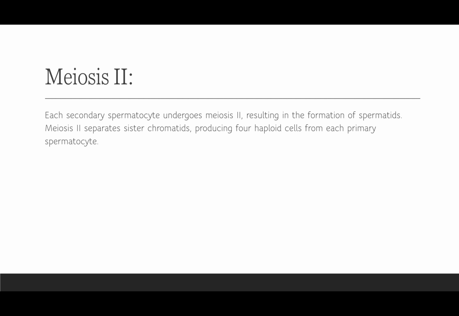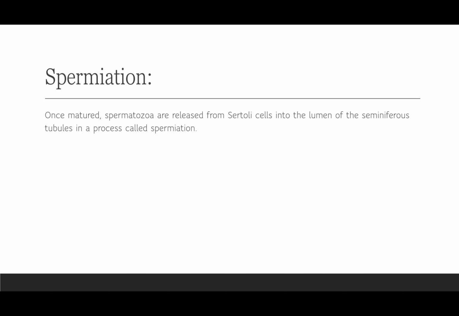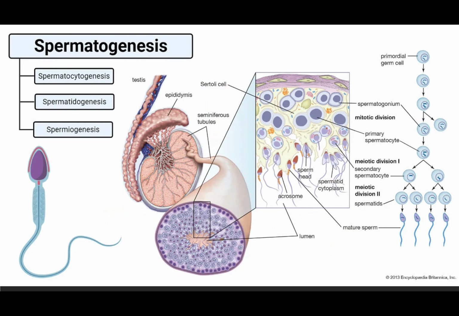Then after the secondary spermatocyte goes through meiosis two, it becomes a spermatid. And then the spermatid goes through spermiogenesis to become a spermatozoa. And then the spermatozoa are released from the Sertoli cells into the lumen of the seminiferous tubule through the process called spermiation. That is what's happening there. Okay? So this is spermatogenesis here.